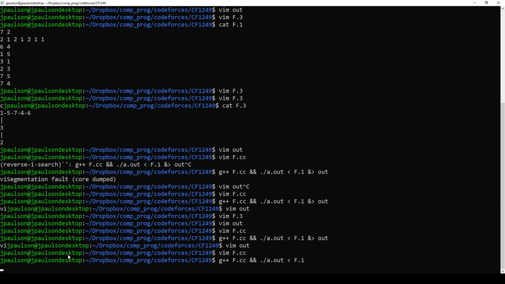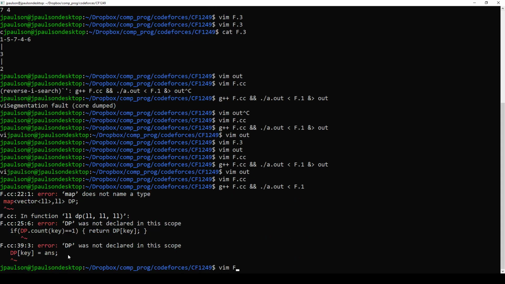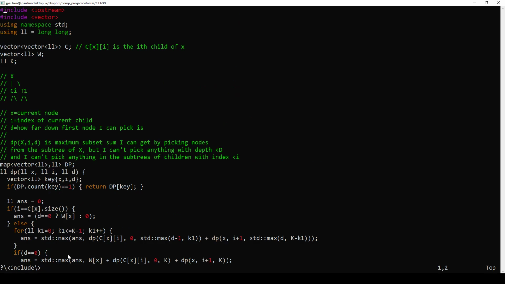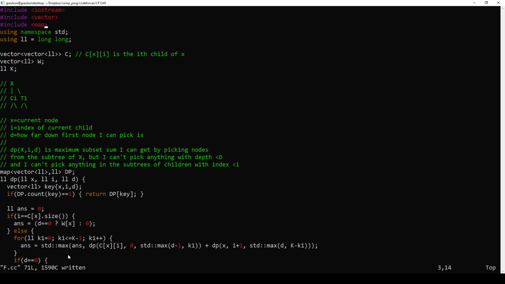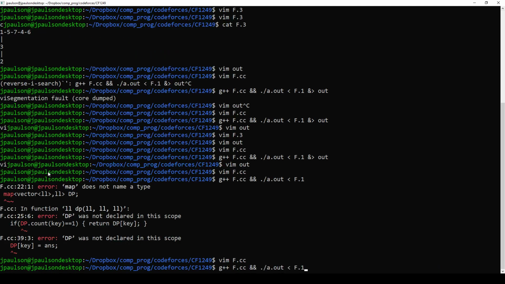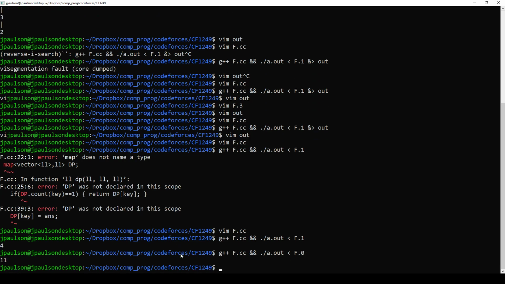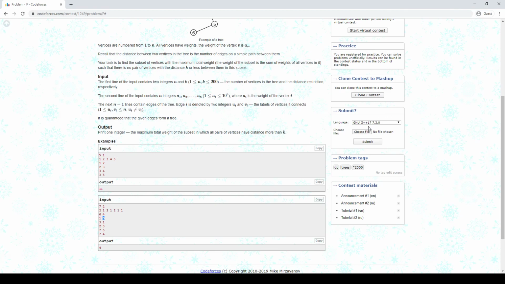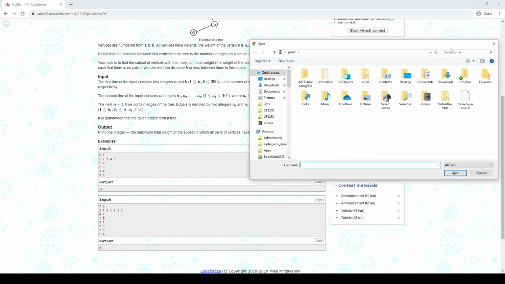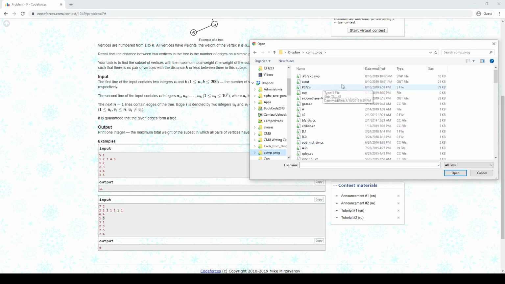So we can just check that we still get the right answer, and we need to include a map. This is a hash map. Actually, this is a tree, so it can take arbitrary keys. So we do get 4, we do get 11. So let's see if this is right. Gosh, where am I?